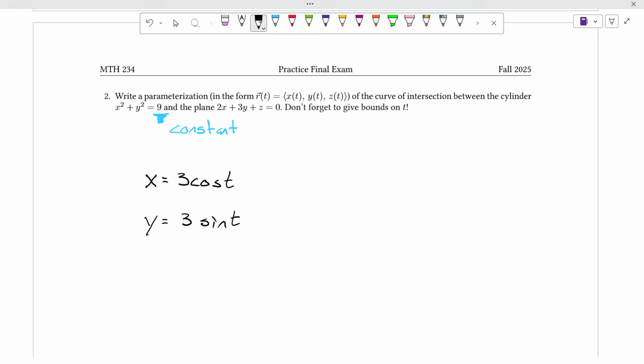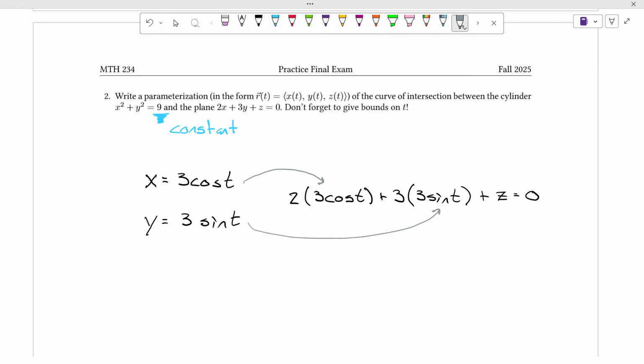Once I've got those two variables figured out, my hope is that I can just directly substitute them into the other equation. So 2x plus 3y plus z becomes 2 times 3 cosine t plus 3 times 3 sine t plus z equals 0, where I'm substituting those two things there and there.